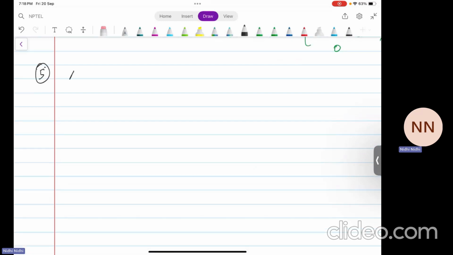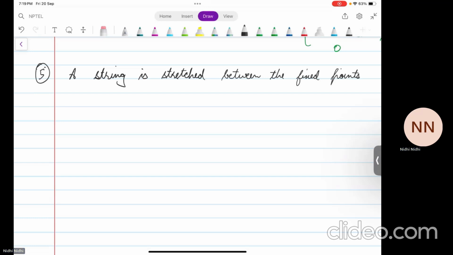A string is stretched between the fixed points (0,0) and (L,0), and released at rest from the initial deflection.